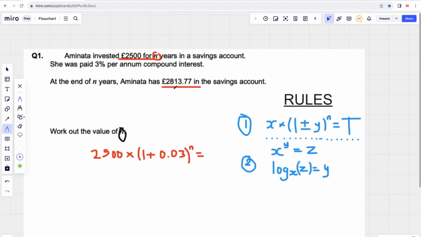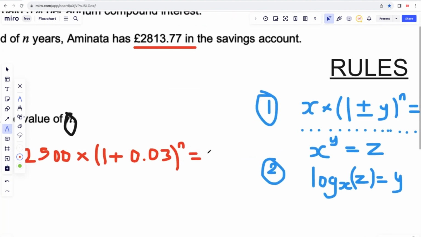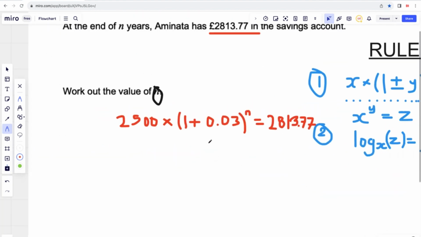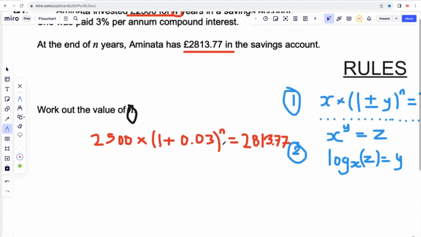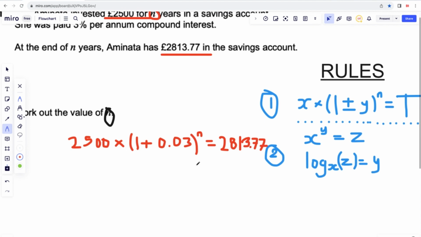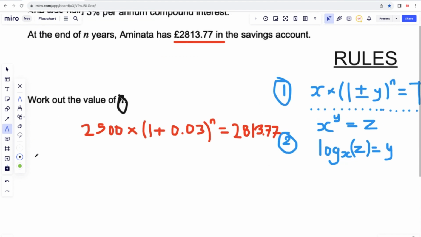Alright, now what you have to do next is make n the subject. We're going to be using algebra just to make this a bit easier. We're just going to be rearranging this equation and making n the subject.